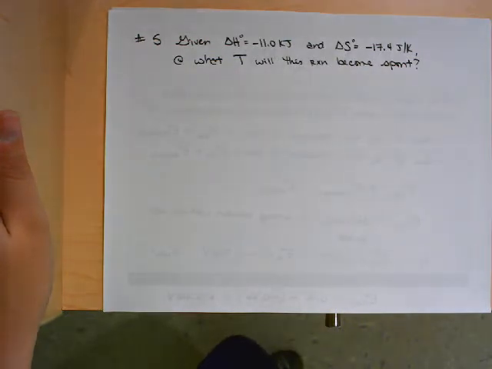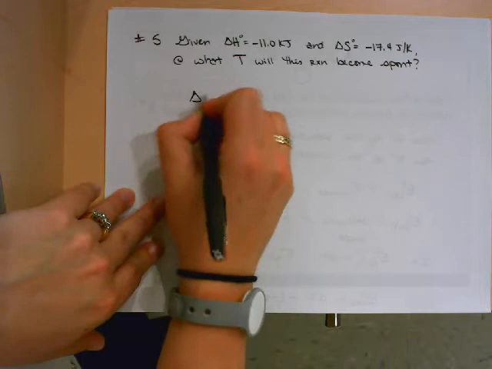Alright, so if I give you H and S, and you need to know about T, and you want to know about spontaneity, what is the correct equation you need to use? We use this one.